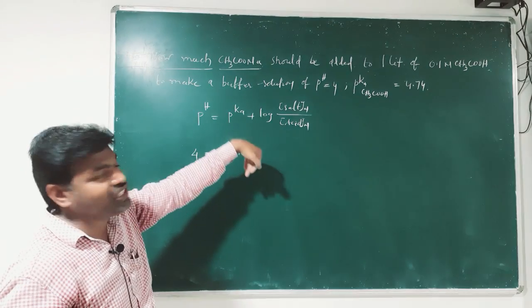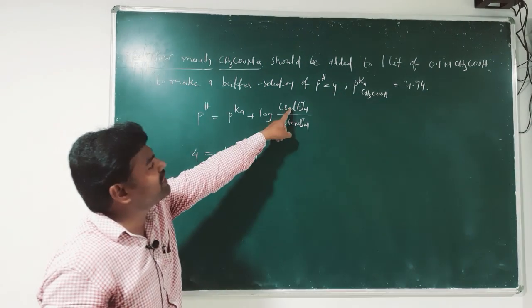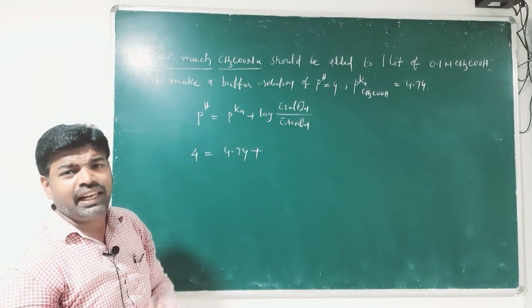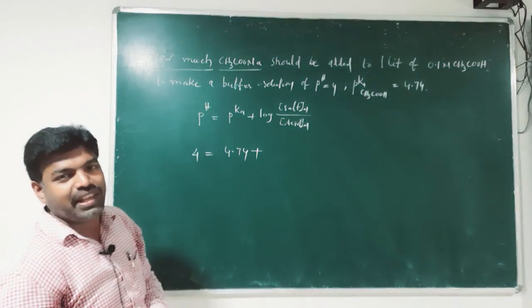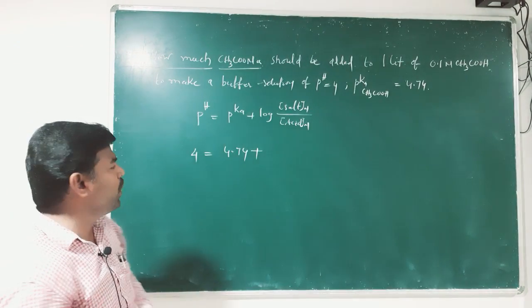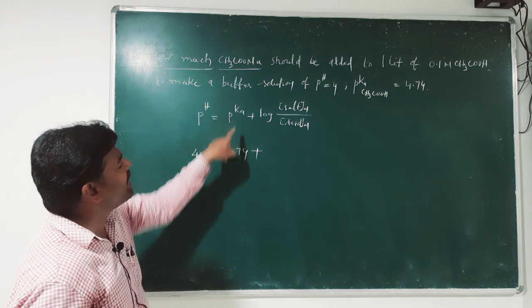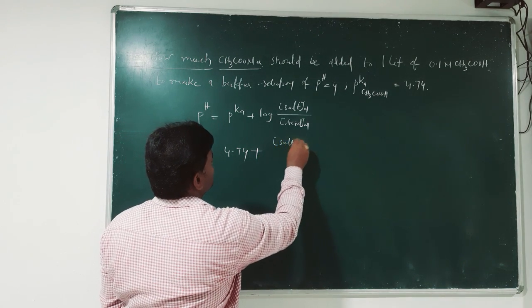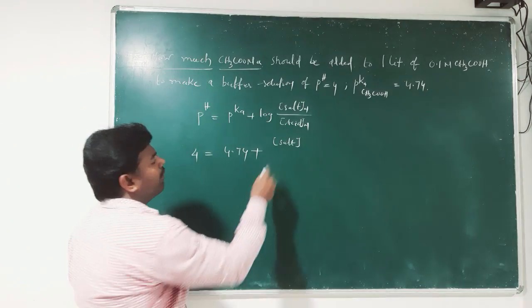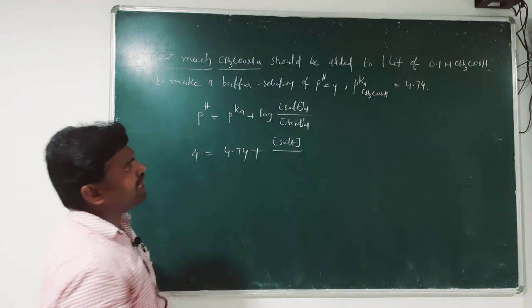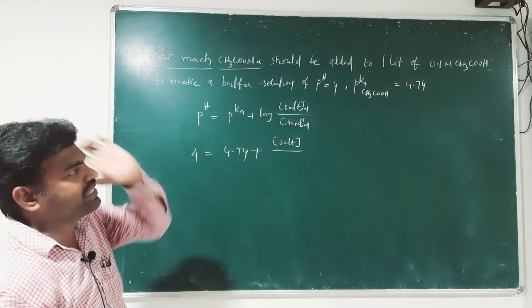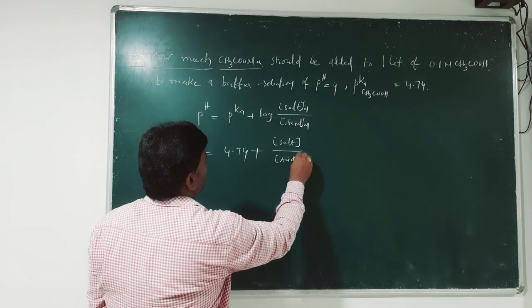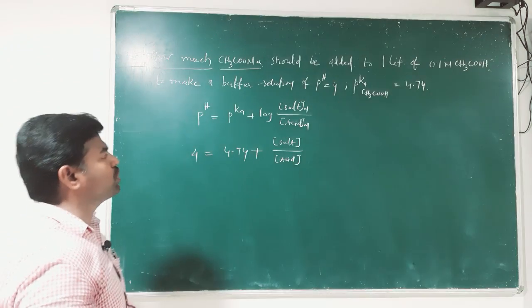So pH is 4, pKa is 4.74, and the concentration of acid is already given as 0.1, so we shall substitute that value.